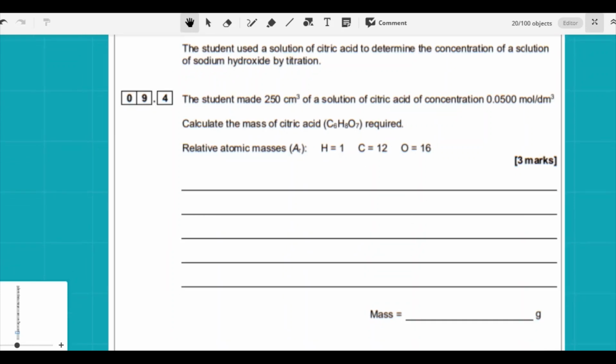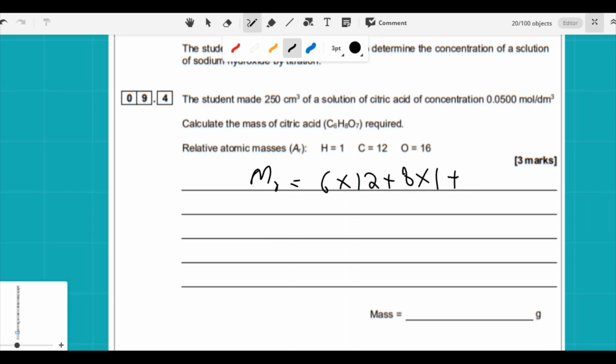So as you know, first of all we need to find the molar mass, that is equal to 6 times 12 plus 8 times 1 plus 7 times 16. So that will equal 192. Now we need to find moles.